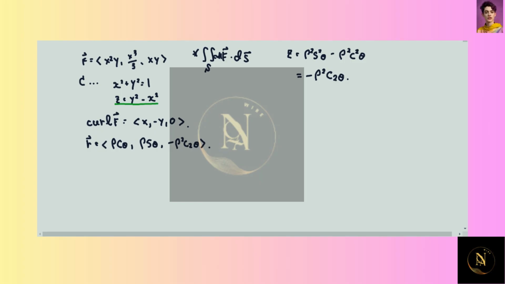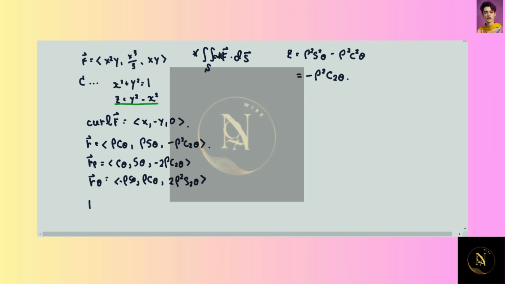Okay, now we want to find a normal vector, so we are going to take the derivative with respect to rho and theta respectively. For rho, you will get cosine theta, sine theta, negative 2 rho cosine 2 theta. With respect to theta, it is going to look like negative rho sine theta, rho cosine theta, comma 2 rho squared sine of 2 theta.